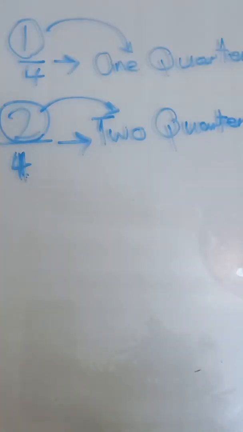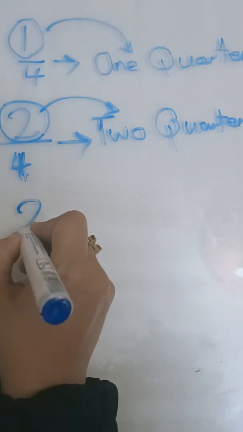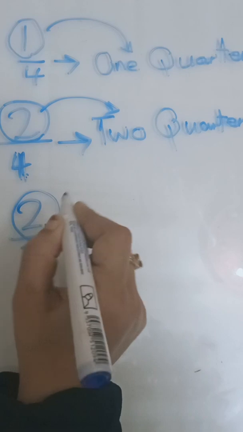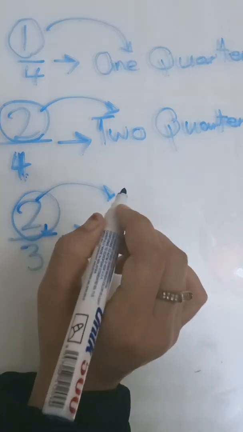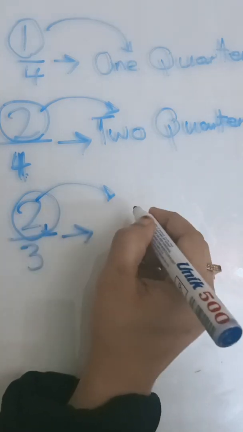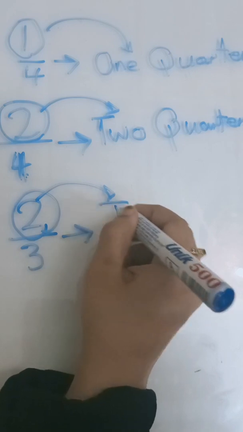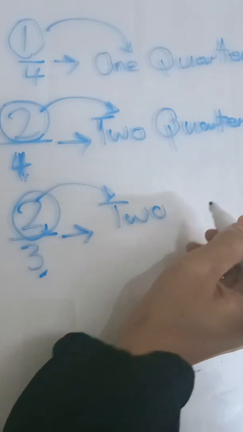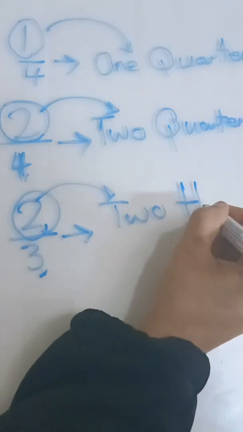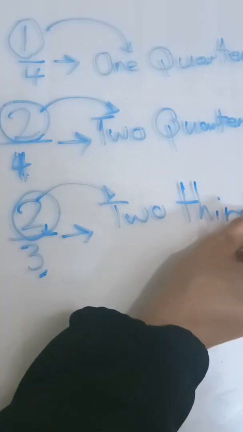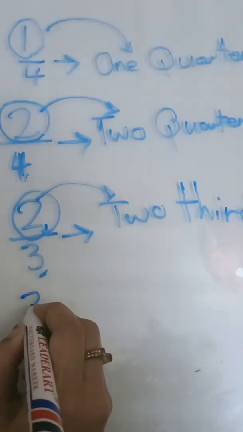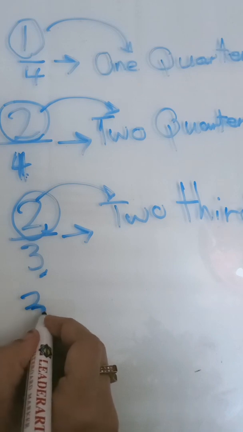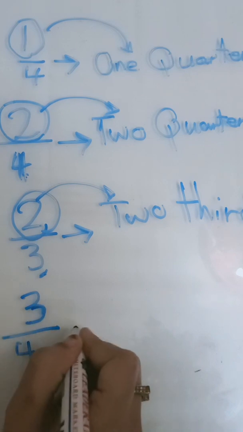Okay, if we have 2/3, start from the up, the numerator. We have here 2. 2 what? 2/3. Okay, 3, no, yes, 3/4.